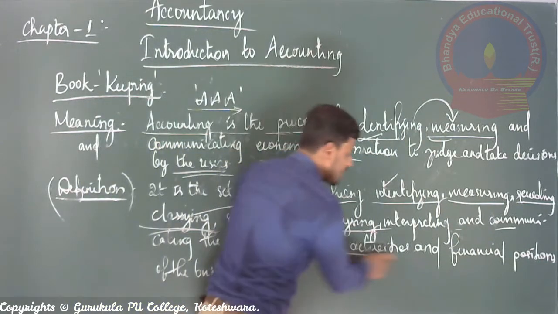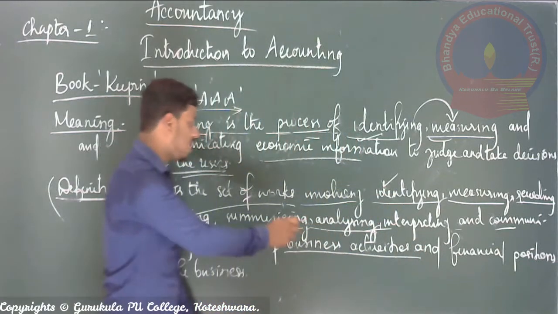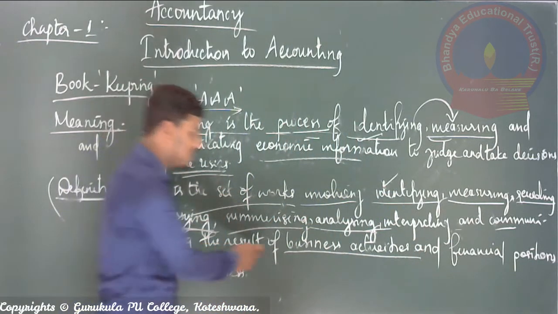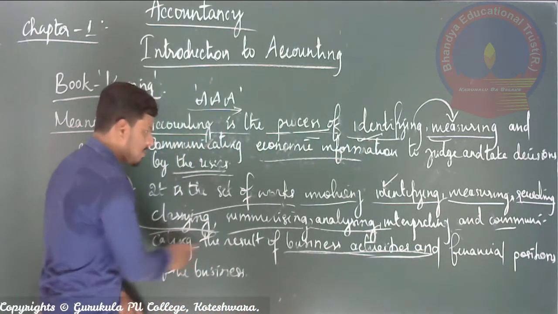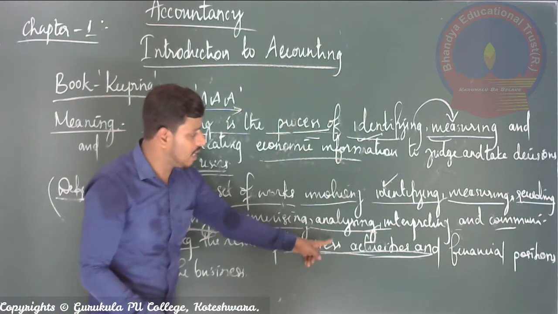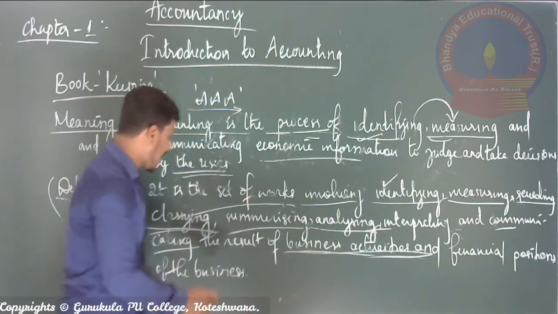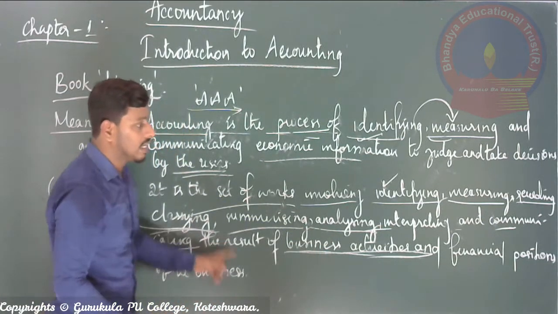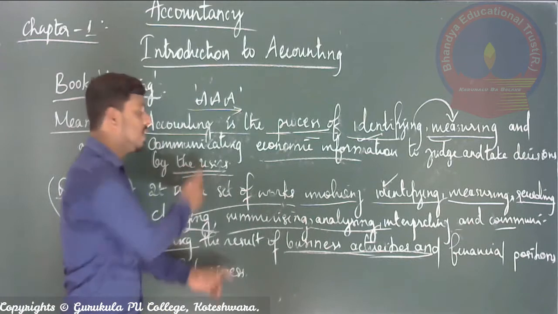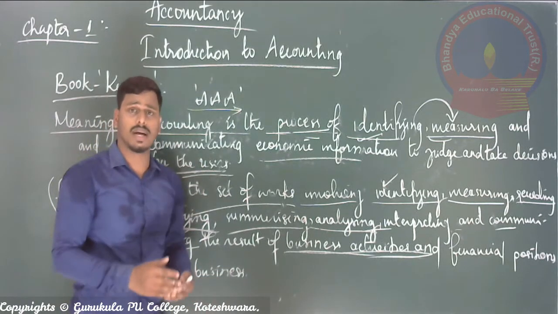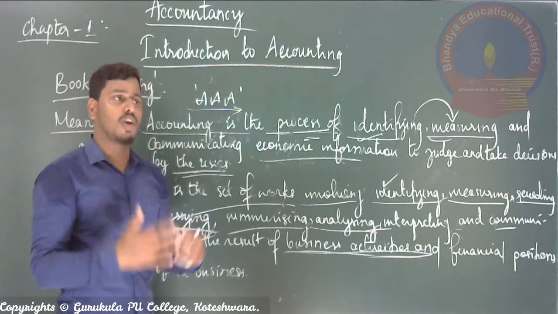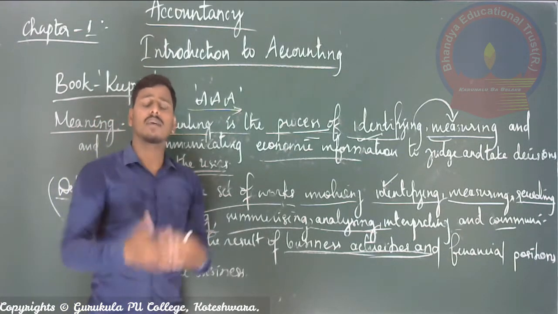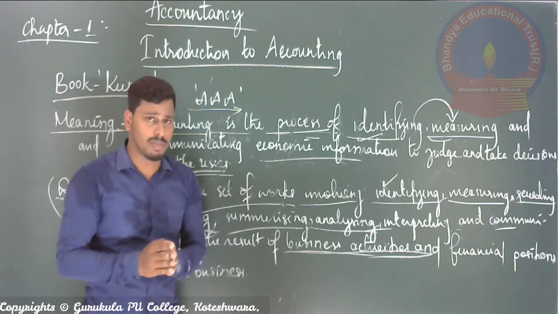Actually, we have recorded, identified, measured, analyzed, summarized, everything is called business activities only. Ultimately, after the interpretation and analysis, it has to be communicated to the different users. As I told you, different users such as government, creditors, bankers, shareholders, prospective investors are the different users of the economic information.